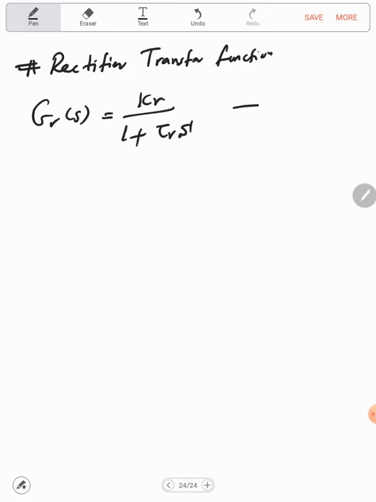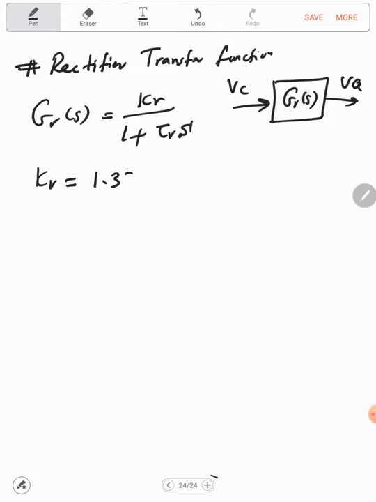So this is the VC, the control signal, this is the VA, and this is the GR of S. Here KR, for example for a three-phase system, is 1.35 V line to line over VC max, normalizing.